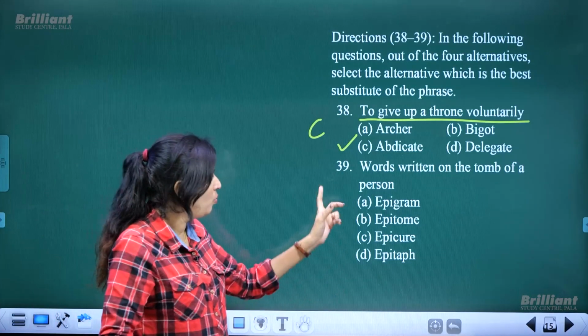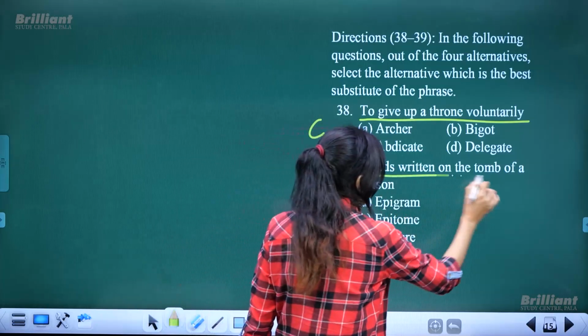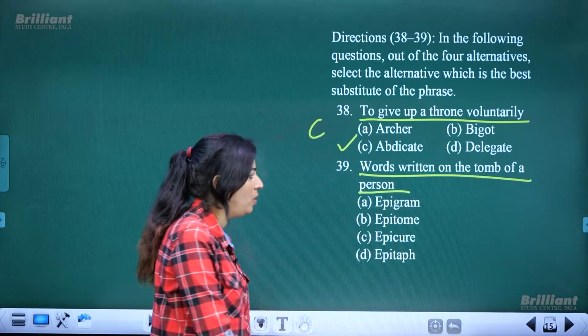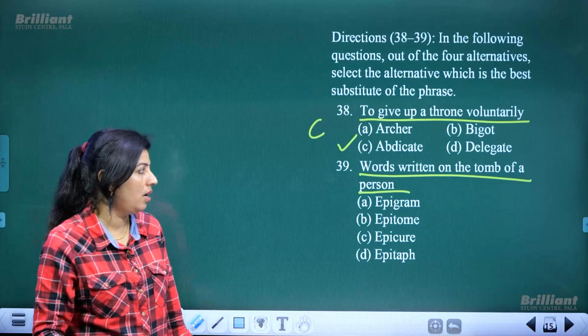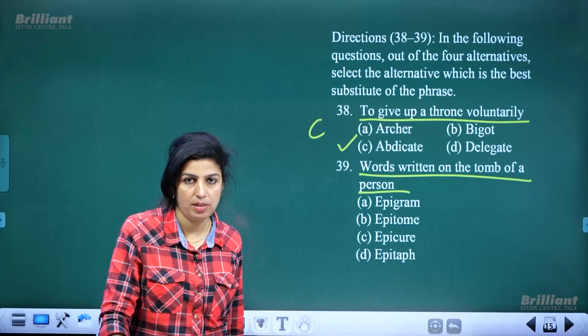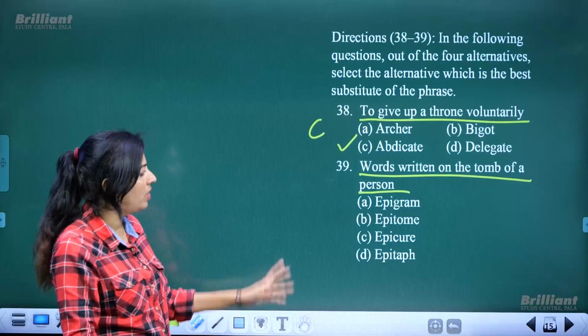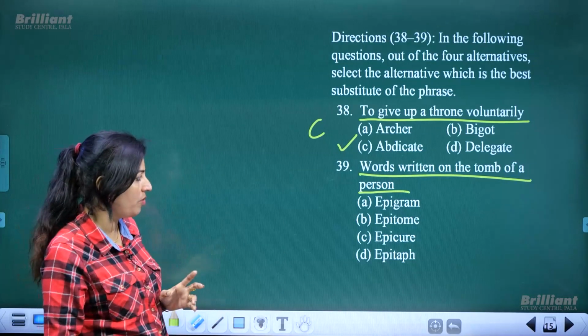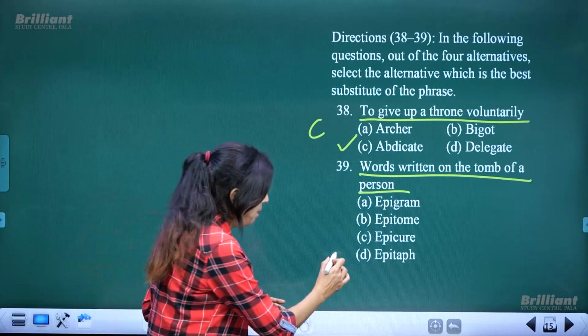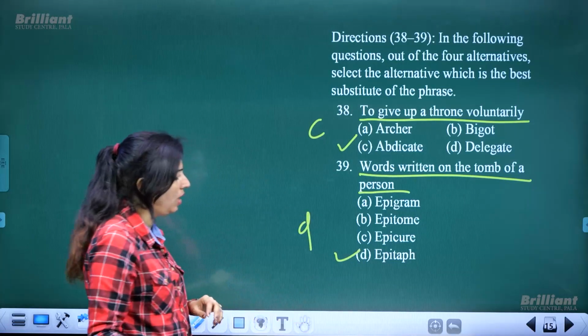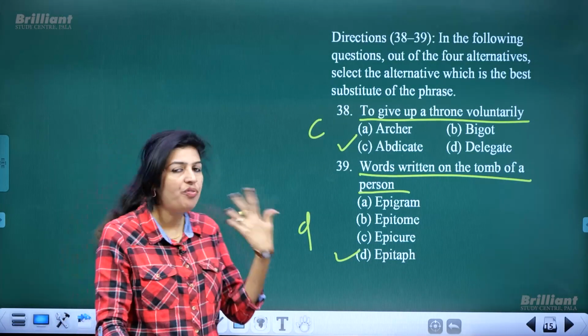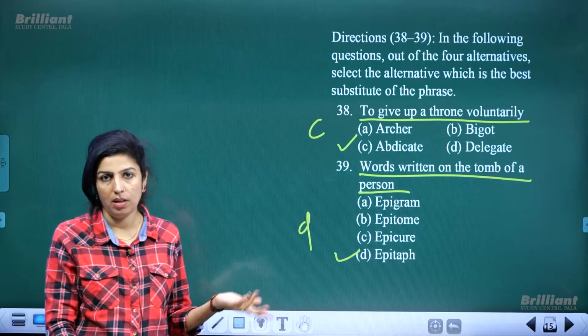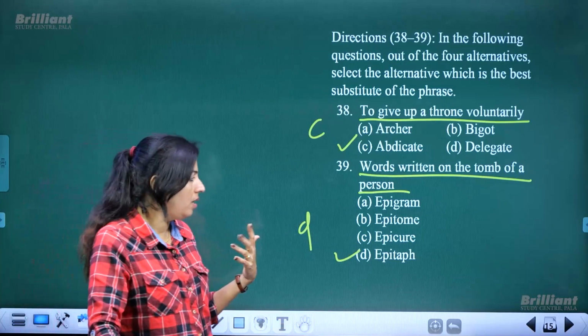Then, words written on a tomb of a person. I guess you are familiar with this term because we had a similar question in one of those model papers. Words carved on the tomb of a person, what do you call that? Epitaph, and not the others. Epigram means witty remarks, in books and all.